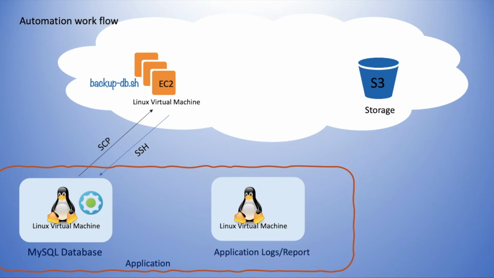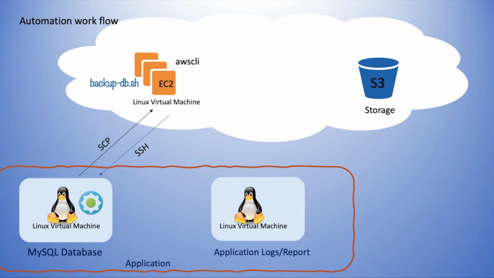For that we need the AWS CLI command line tool to be installed on this machine, so that we can automatically take backups and copy those details into the S3 bucket.